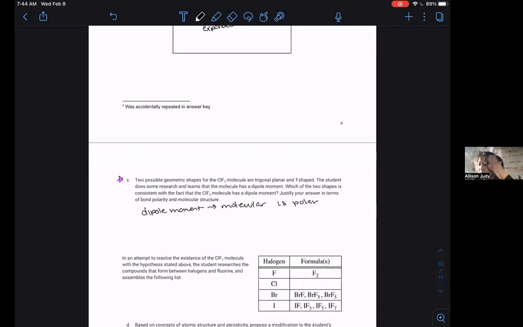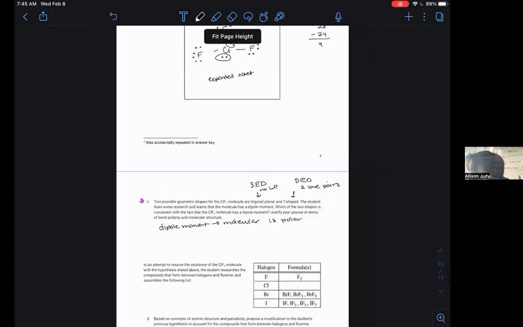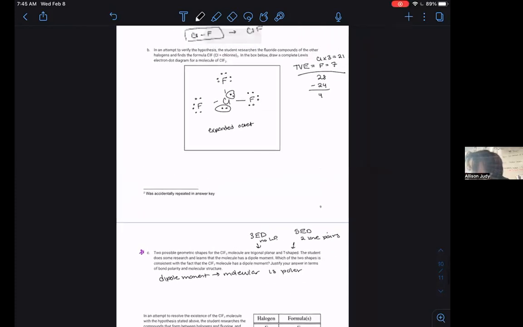Immediately, you should rely on your memorization of the molecular geometry shapes. We know that trigonal planar is only possible with 3 electron domains and no lone pairs. But T-shaped is accomplished through 5 electron domains, where 2 are lone pairs, which fits exactly the model we have drawn above.